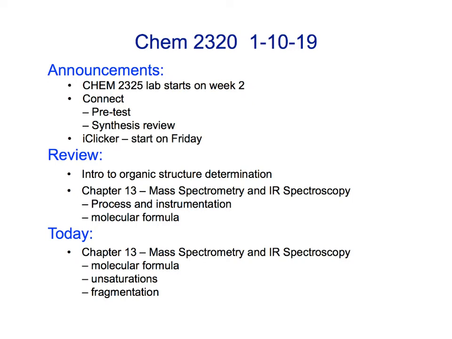Yesterday, we started into the discussion on mass spectrometry. We first gave a little discussion over the different structure determination techniques, and then we focused on mass spectrometry. So we looked at the process, right?